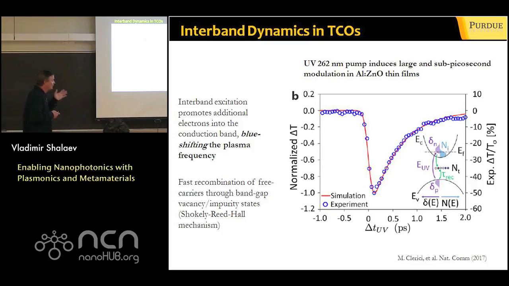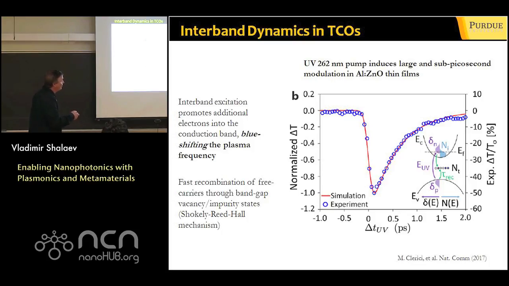We will not go into details, but that's, we believe, the reason why we have such a fast response. Because honestly, it came as a surprise. We knew that the response is so huge in magnitude, but to observe that it's also so fast was a big surprise. Normally, the larger the nonlinearity, the slower it is. There is always a trade-off. Here, both things came together.